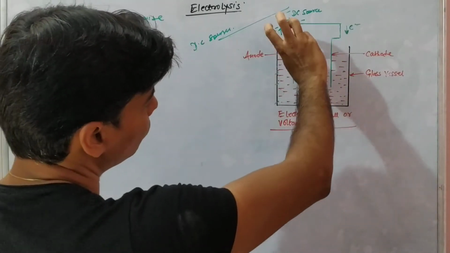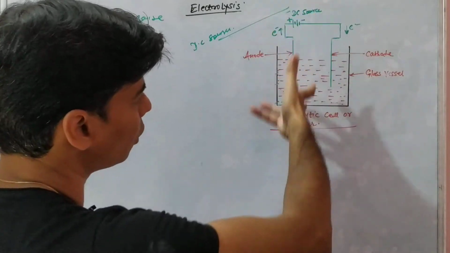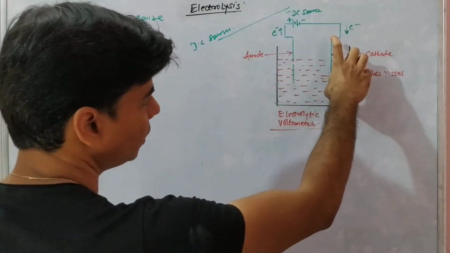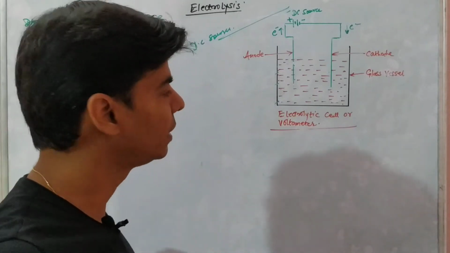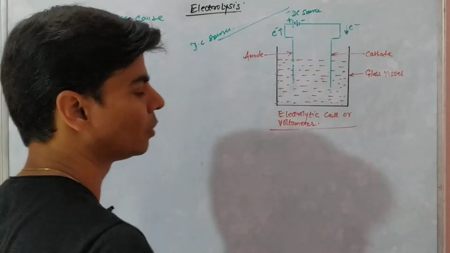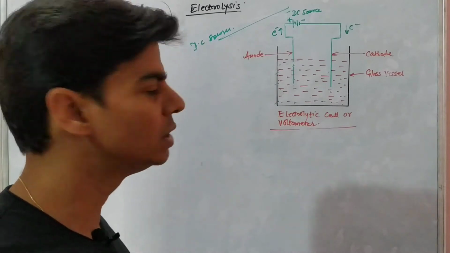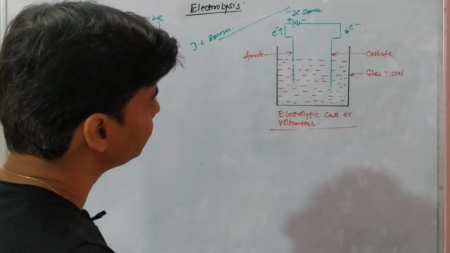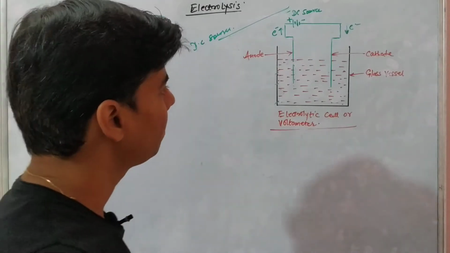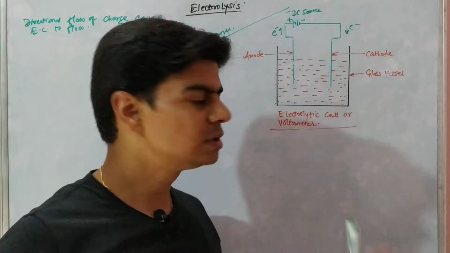So when this is turned on, one of the metal rods will become the cathode, that is the negative electrode, and the other metal rod would become the anode. Anode is a positive electrode. We'll just discuss electrodes, right? So what is the main function of these metal rods?